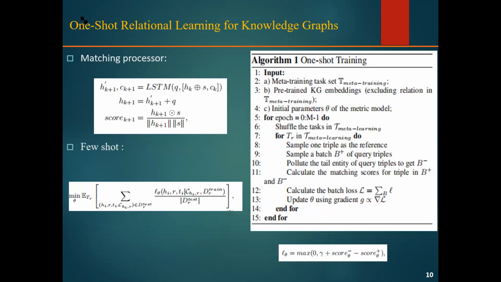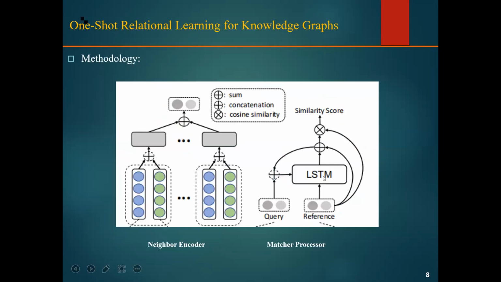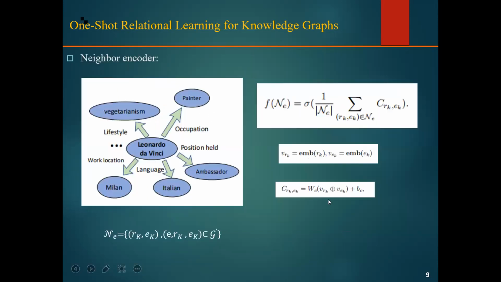Now we have the neighbor encoder representation. Next we need to go through the similarity matching process, which is based on an LSTM or RNN processor.